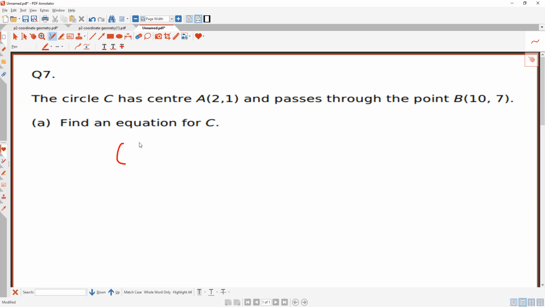So the equation, okay: x minus 2 whole square plus y minus 1 whole square is equal to 10 square. That is your A part answer.